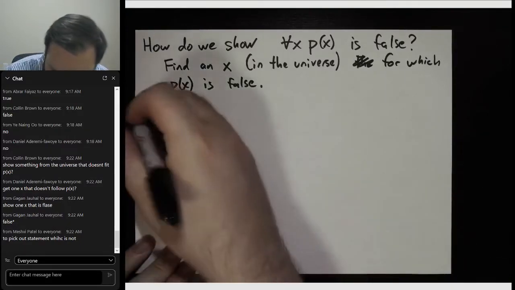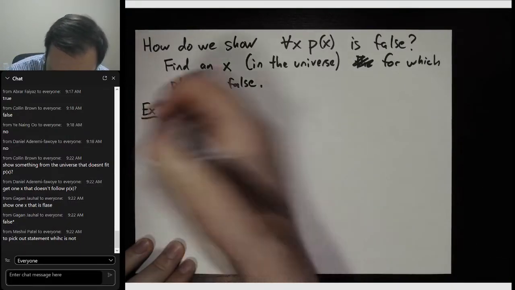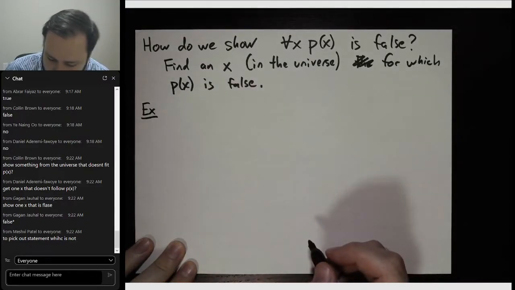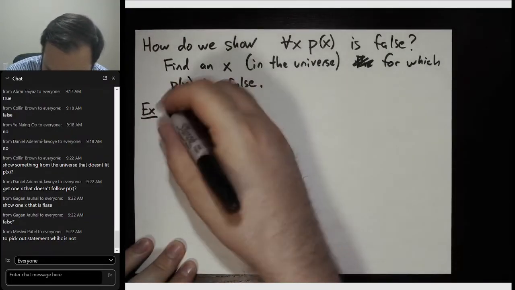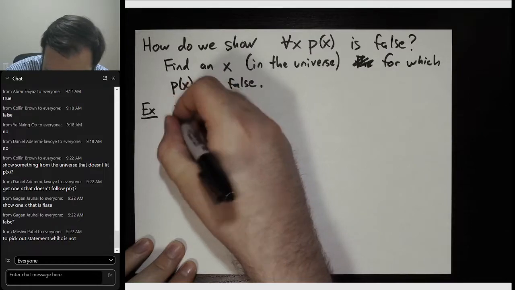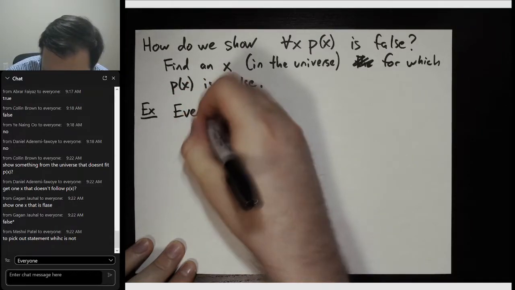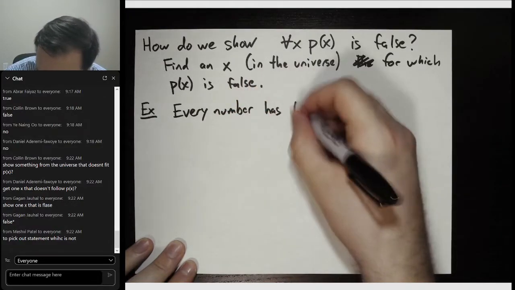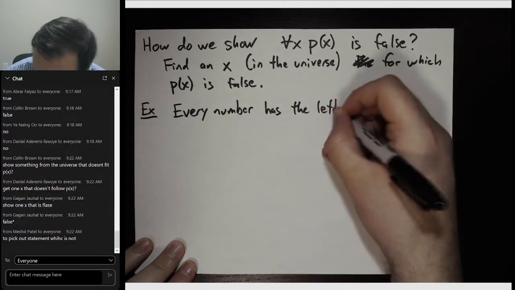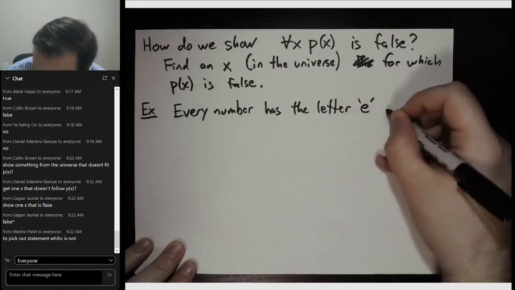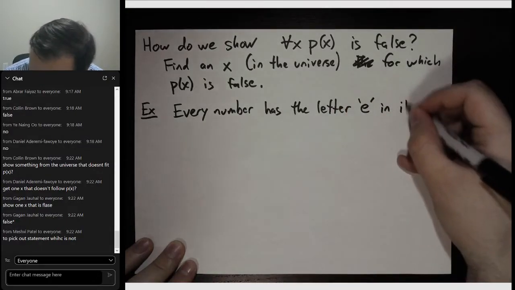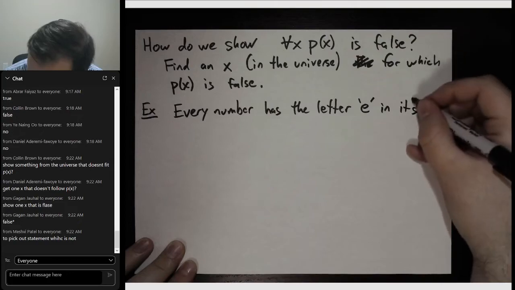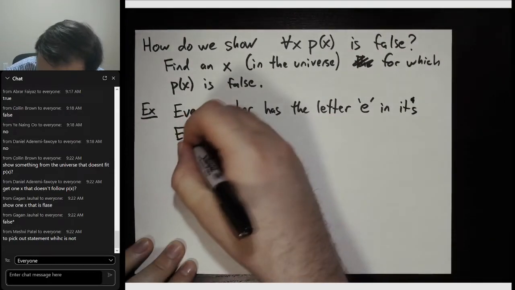As an example, you could say every number has the letter E in its English spelling.